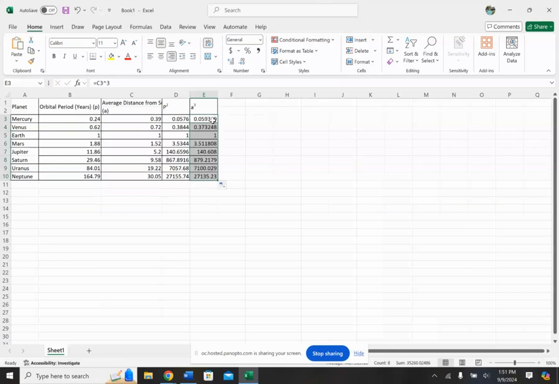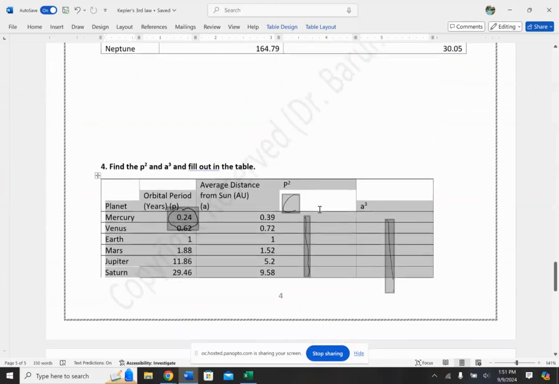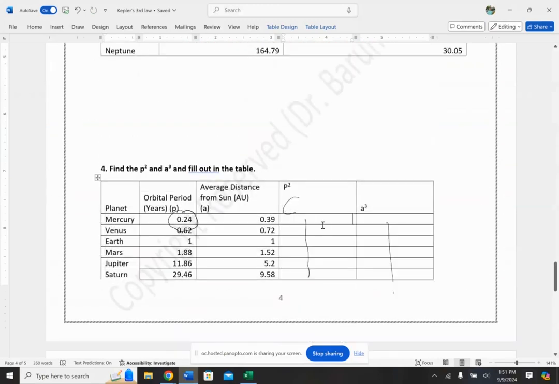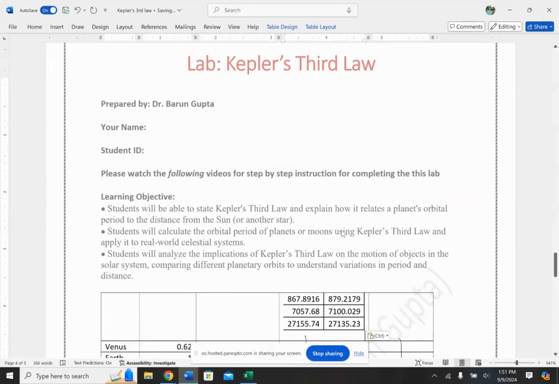That's how you get this one. And then you simply copy this number here. You can simply copy P squared, or let me copy this one. You can copy this one, Control C, and paste it here, or you can manually type all the numbers here. Okay, you probably have to do it manually.